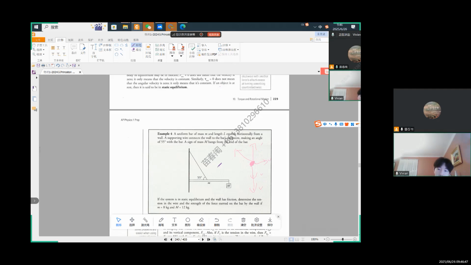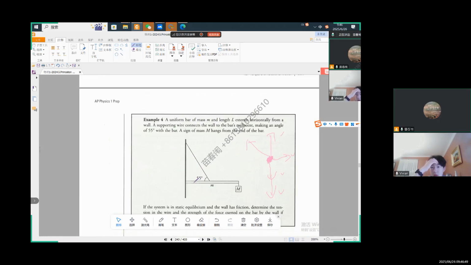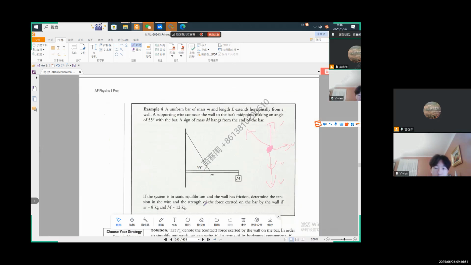So can you find all the forces? That'd be mg, the gravity. Normal force from the wall and tension, which would be this component and then this component.